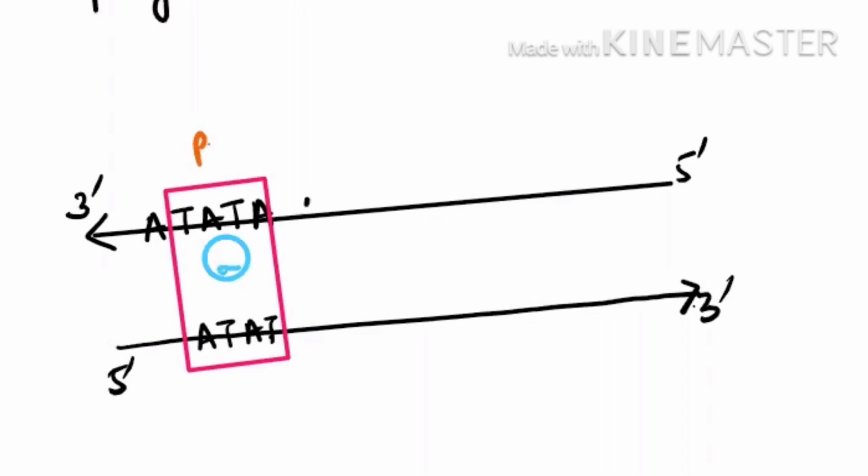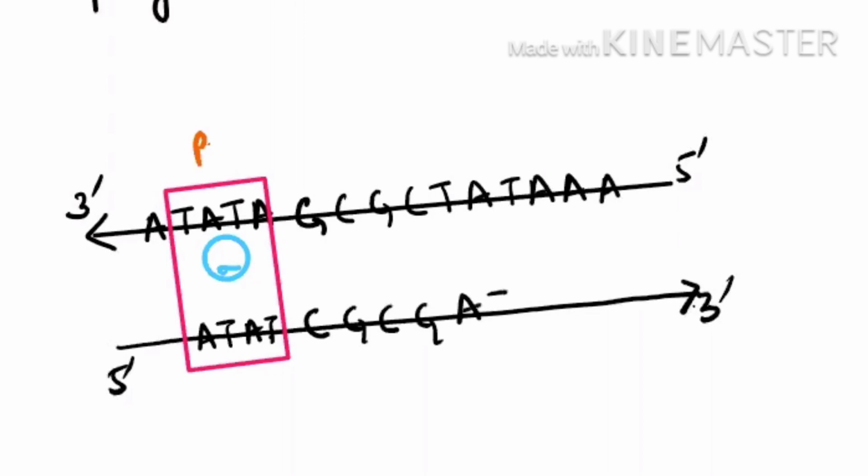Now suppose here G, C, G, C, T, A, T, A comes. Then obviously complementary here means G, C, C, G, A, T, A, T, T, T. Now RNA polymerase will move forward. Check the board carefully.